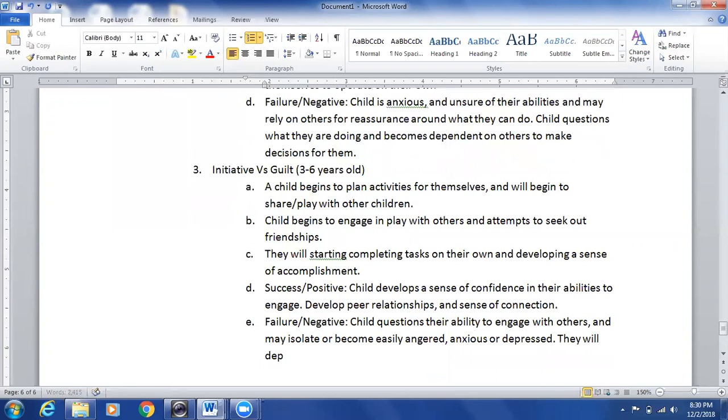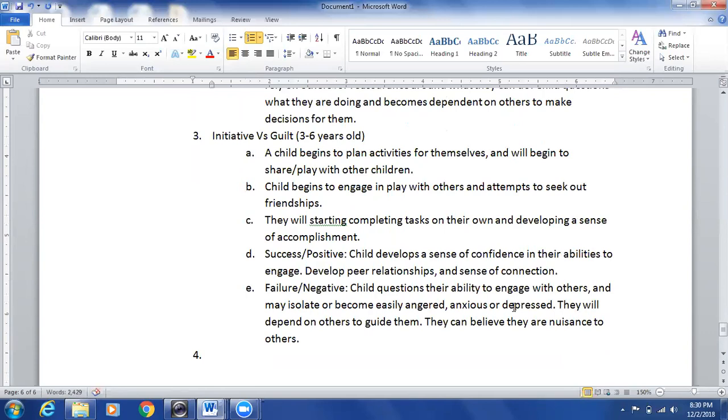They will depend on others to guide them. They can believe they are a nuisance to others.